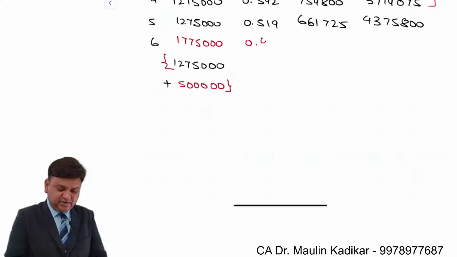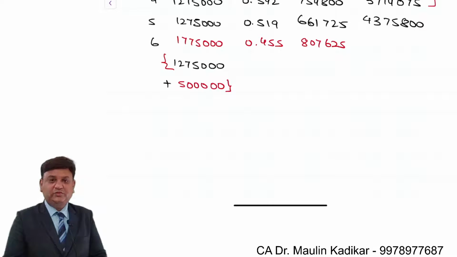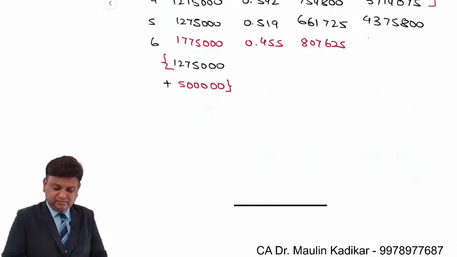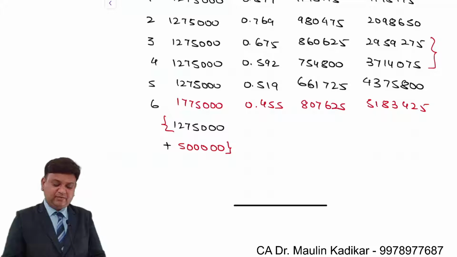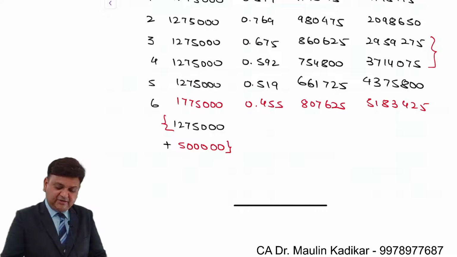Last year factor is 0.455. So 8,07,625. So 51,83,425.